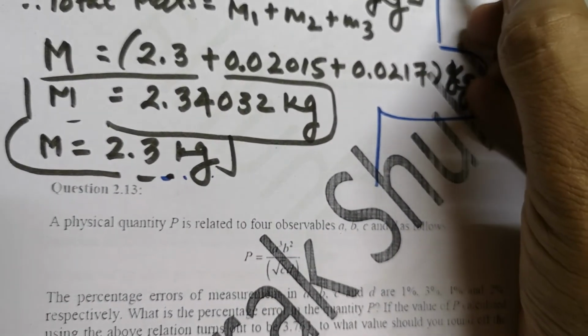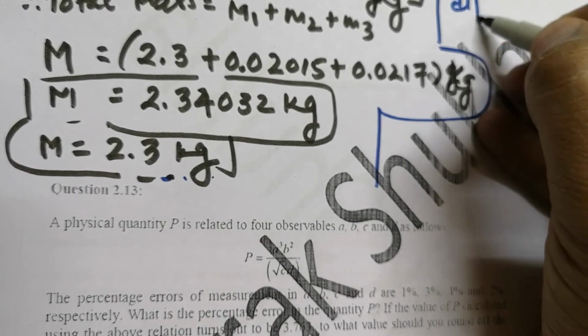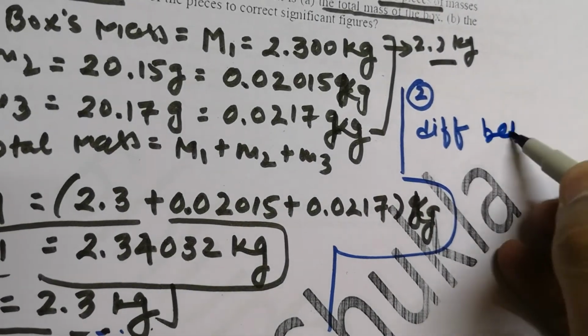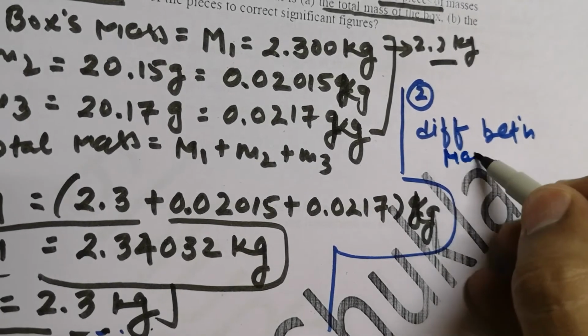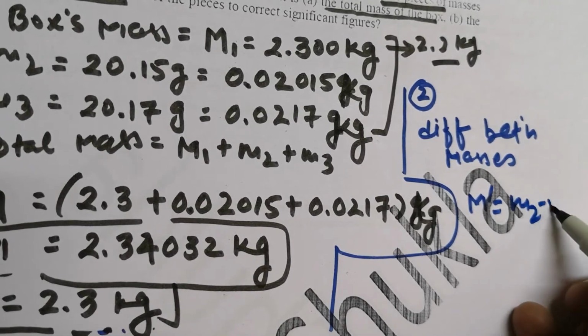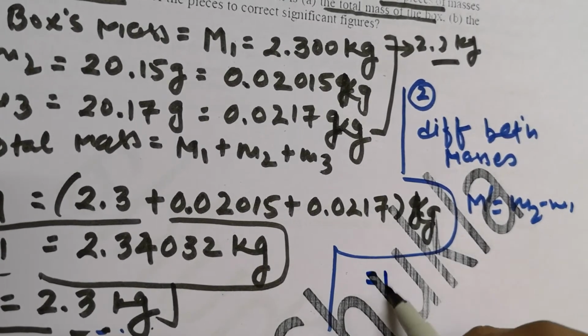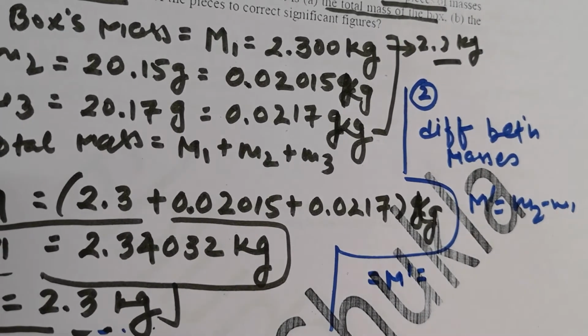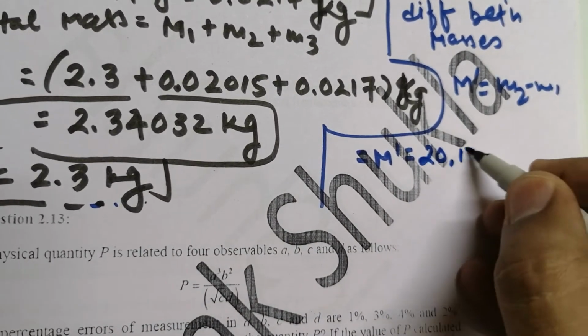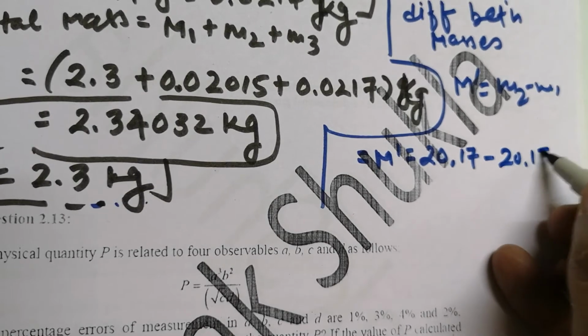Now the second task is that we have to find the difference between the masses. I'm just naming it m dash. It is m2 minus m1. So I have m dash, with values 20.17 minus 20.15.